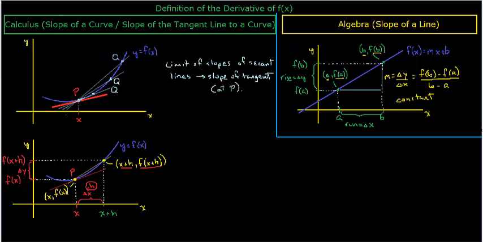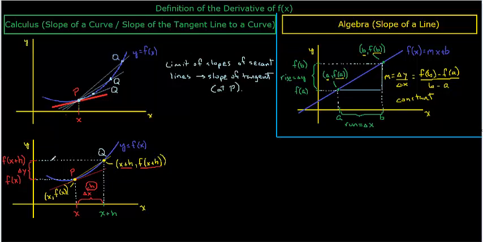This is essentially our Q. So all we've done here is we've said, okay, P is x comma f of x, and Q is some nearby point on the curve, and algebraically, we just added a little bit to it, so we say x plus h, that's adding a little bit to the x coordinate, and then on the y coordinate, we evaluate the function f at x plus h. So now we're set to go.